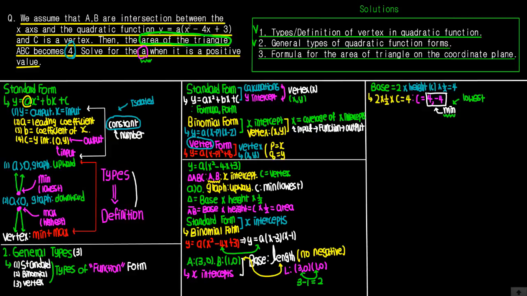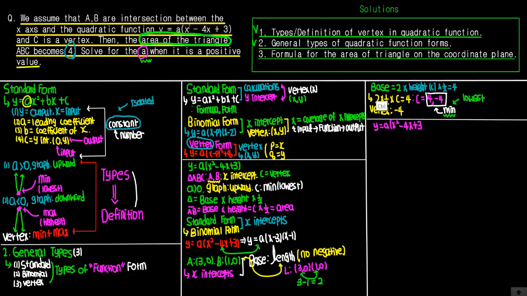So our conclusion is that our vertex is going to be -4. You can think about it this way. We know that our function is y. For our basic binomial form, y is equal to a times x squared minus 4x plus 3.